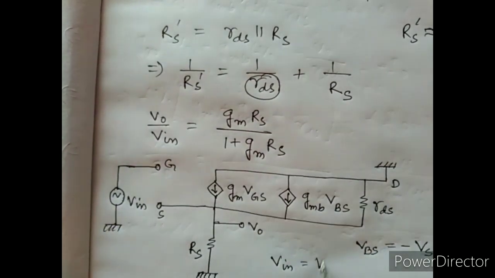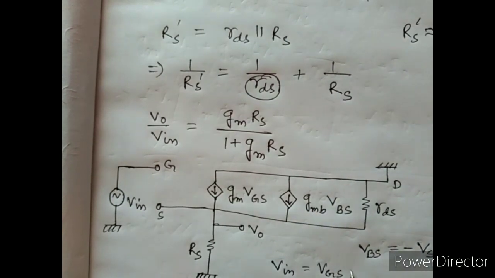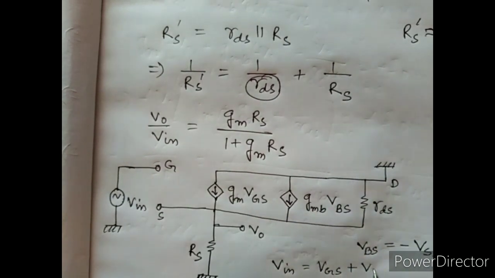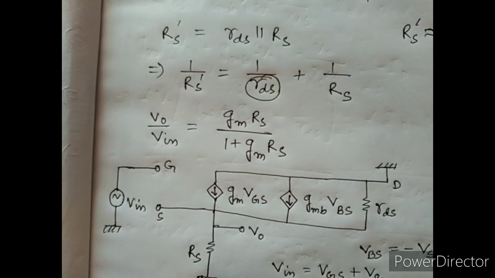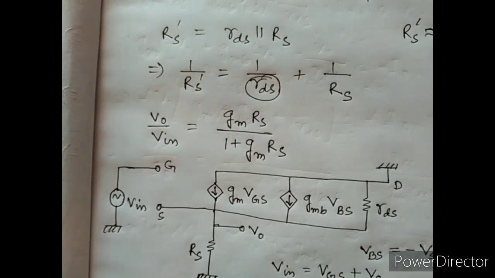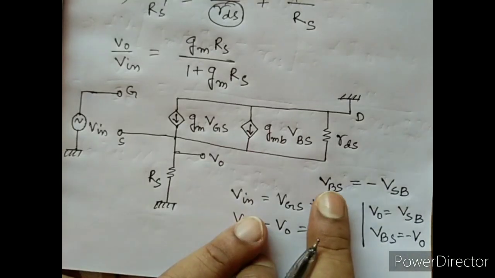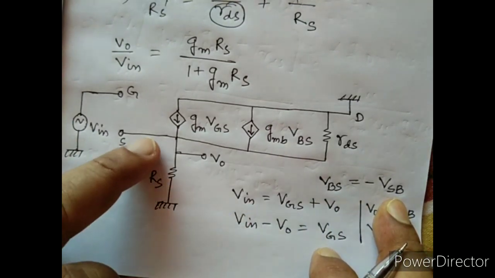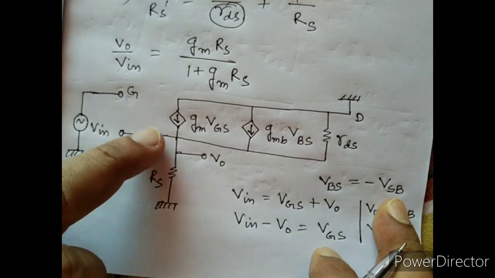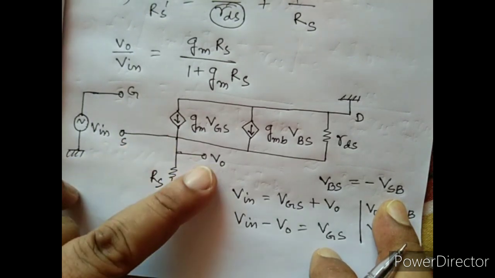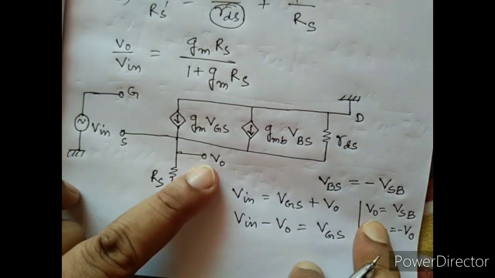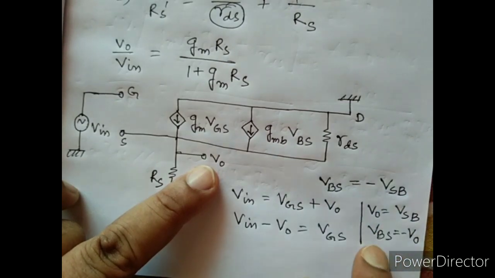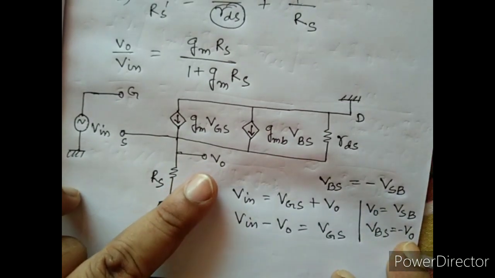We have seen that is VGS plus V0, and V0 is the source to body potential. So we can write VBS equals minus VSB, and the potential VSB, source to body, is nothing but V0. So we can write V0 equals VSB, that is VBS equals minus V0.